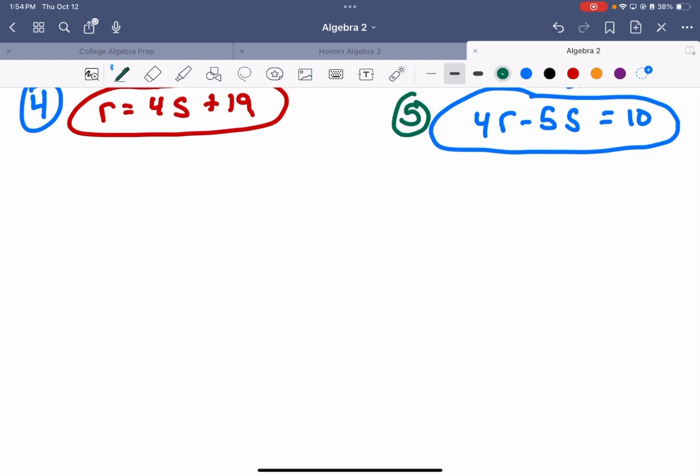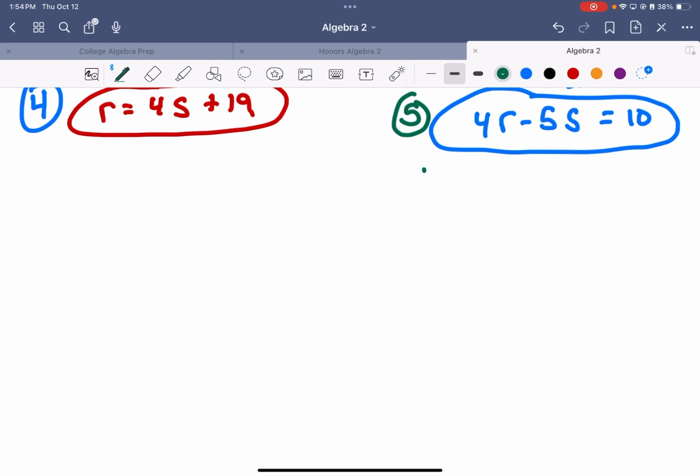I could, but what do we know? What does r equal? 4s plus 19, right? So if r is equal to 4s plus 19, what can I replace right here? I can replace that 4s plus 19 right there.